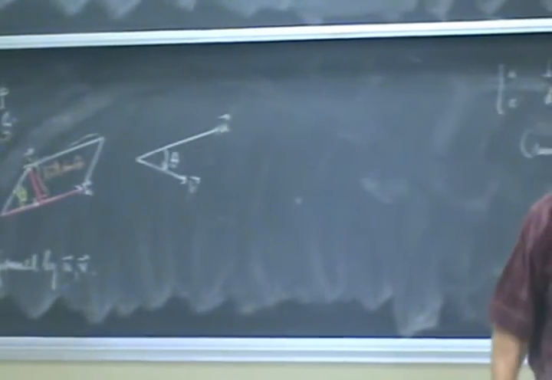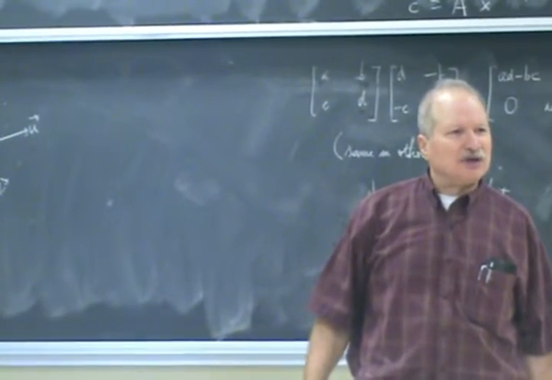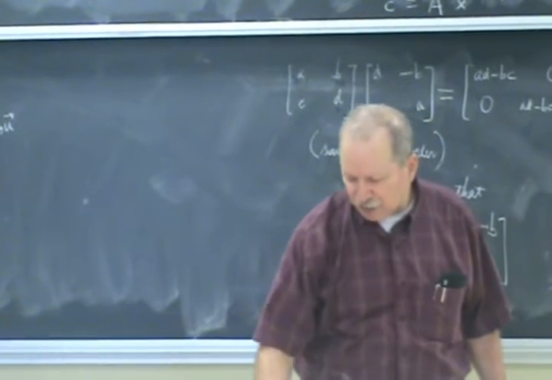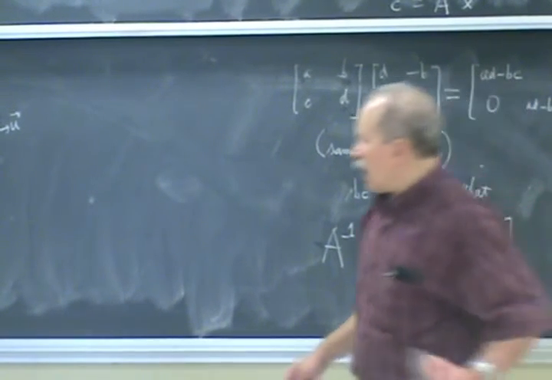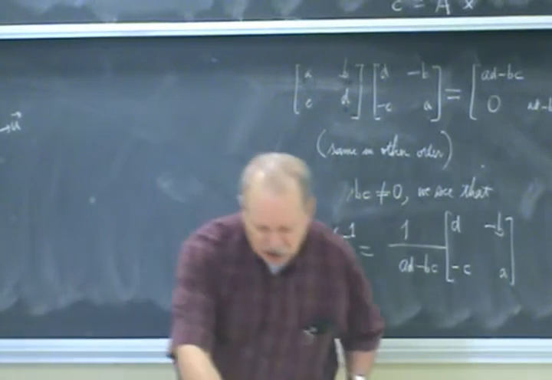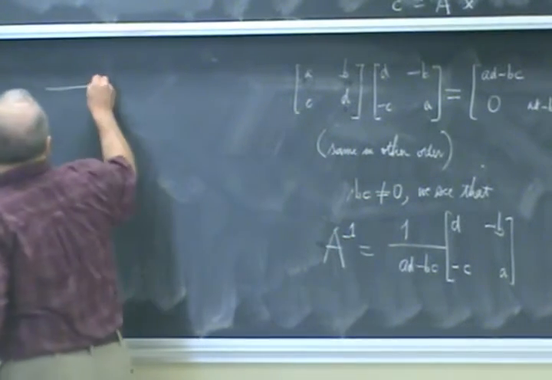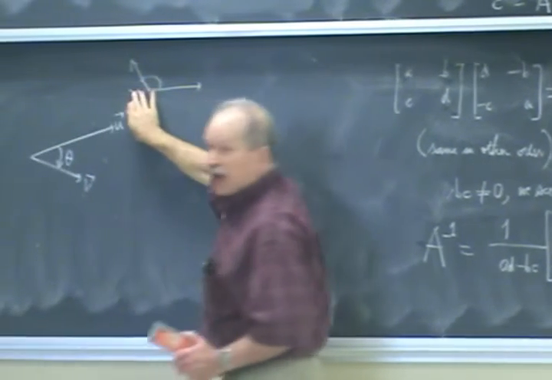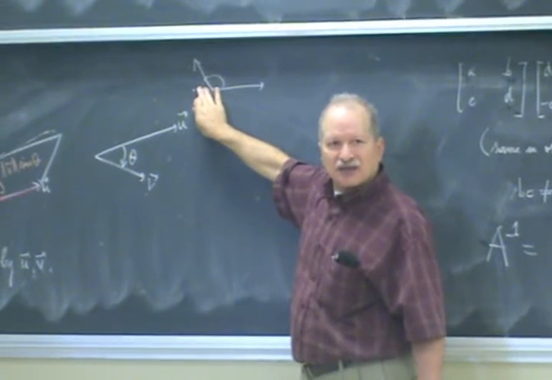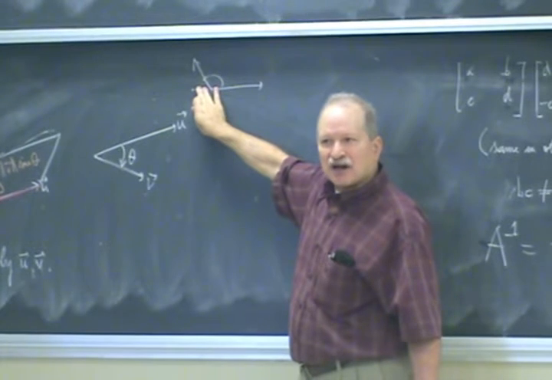The absolute value of it is the area, but do you remember a concept like this came up when we were first doing projection, and we talked about how if you projected and the picture looked like this, you got a signed length, a negative length when you did the dot product?